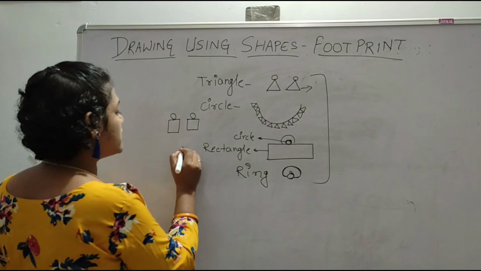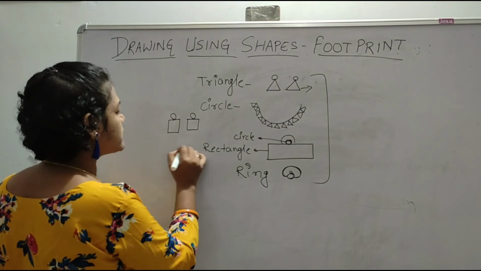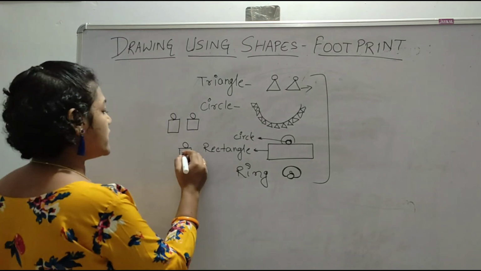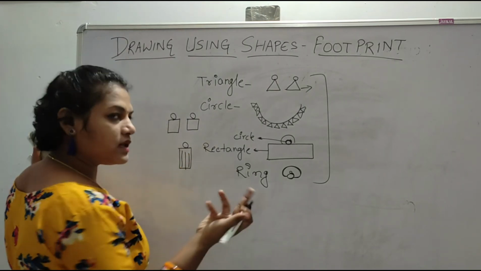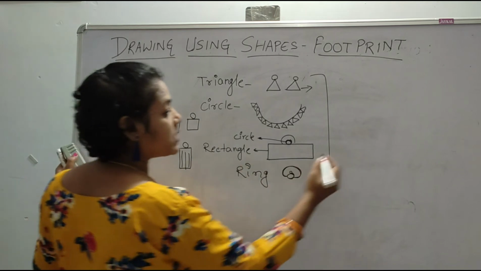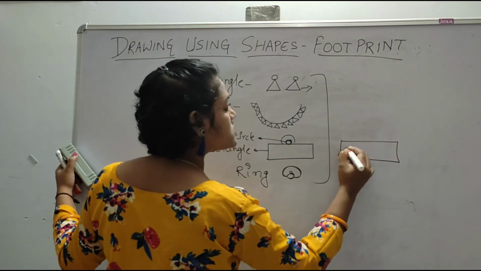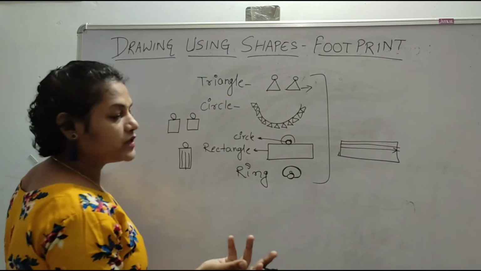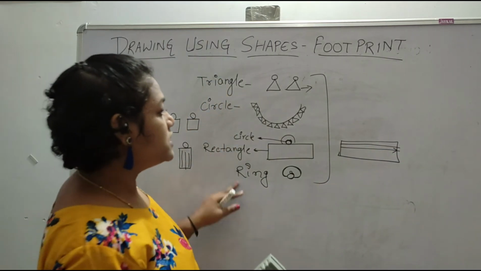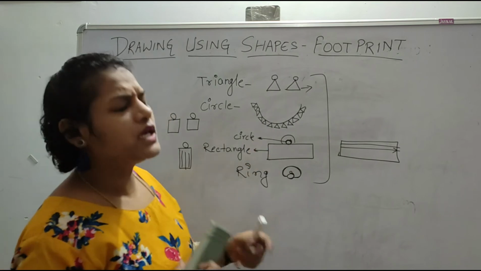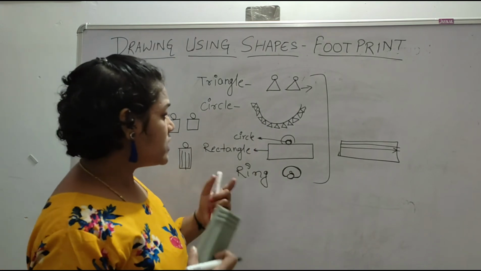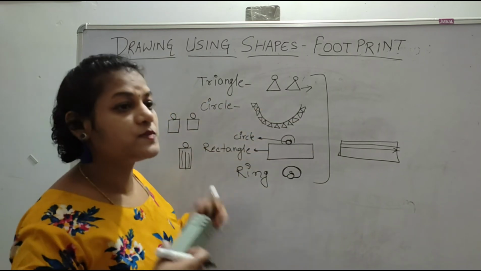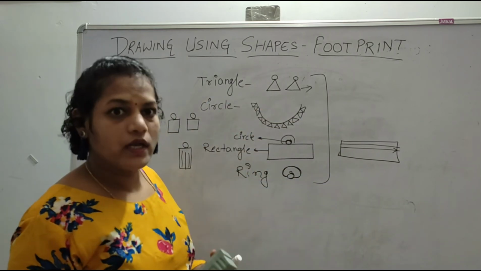Or you can tell them a small pouch, so that they can keep anything in this pouch, like pen, pencil, like that. They have this pouch in a rectangle shape also, where they can keep their pen, pencil and everything. So friends, you can take any examples which will be very easy for kids to understand, how different shapes are there in our surroundings.